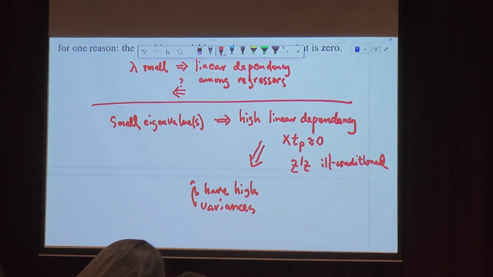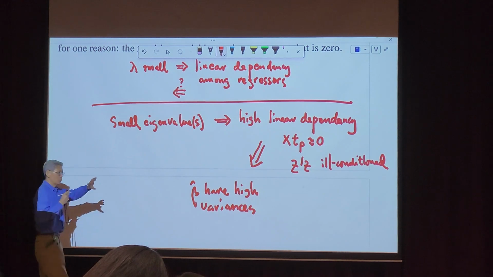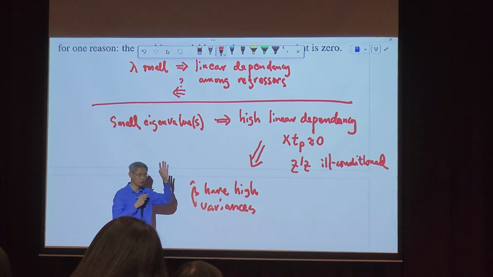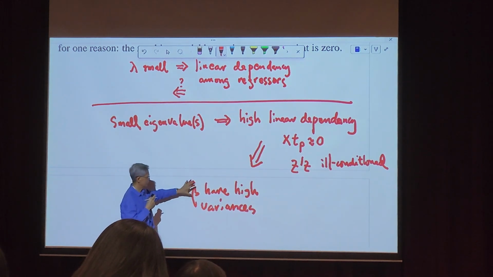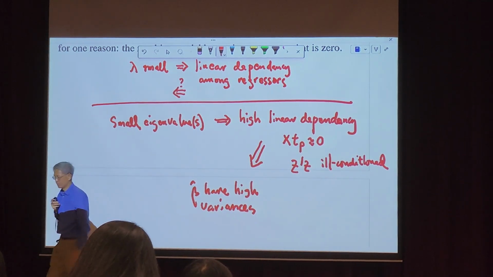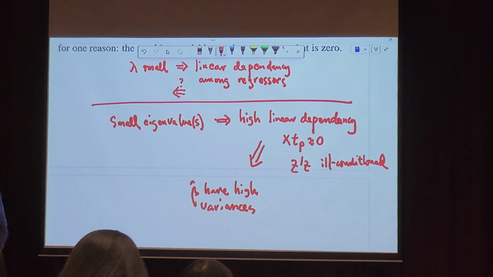When the Z prime Z matrix is ill conditioned, you invert the matrix and then you calculate beta. That means you don't remove any of the principal components. Your beta will have high covariance, high variances. So this is true. So now, can we prove this or not? Or can we argue this is true or not?